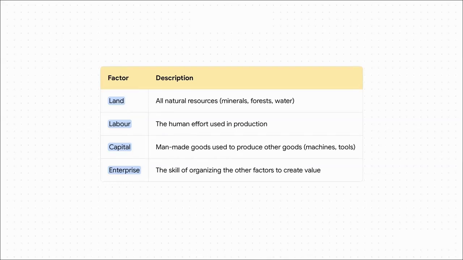Think machines, tools, factories. And finally, there's the secret sauce, enterprise. This is the human creativity, the person who takes a risk and brings the other three factors together to actually create something of value. Literally every single thing you buy is just some combination of those four.